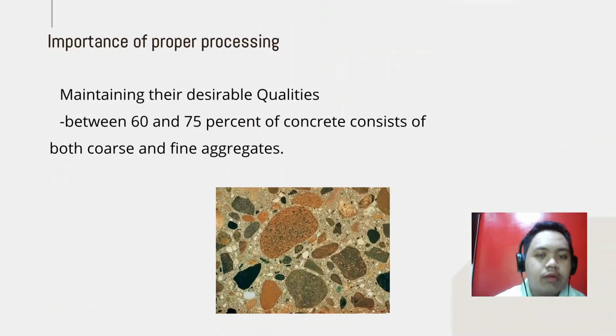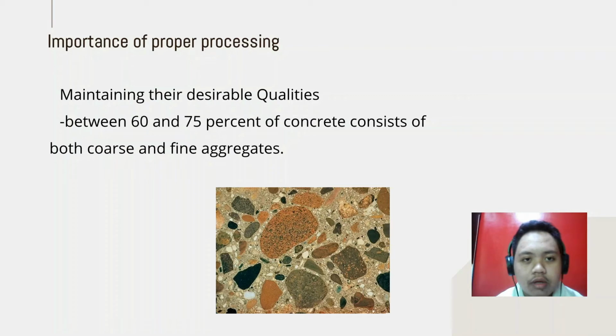So on processing naman natin, what is the importance of processing? It is maintaining the desirable qualities natin, which is between 60 to 75% of concrete. Kasi ang concrete natin will consist of 60 to 75% both coarse and fine aggregates.